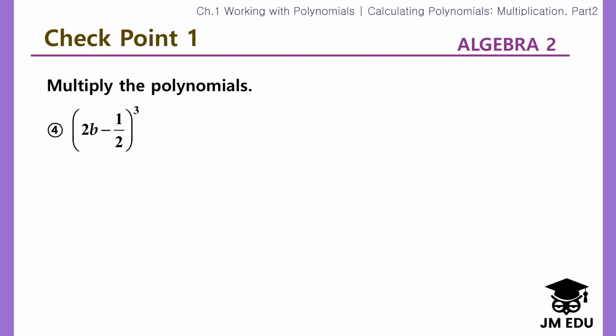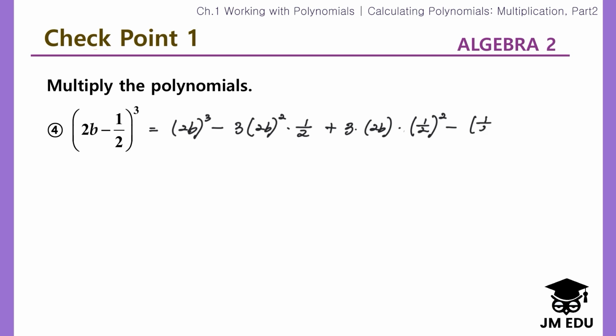Number 4, binomial cube again, but with the minus here. So that's going to be first term cube minus 3 times first term square, second term plus 3 times first term times second term square, minus second term cube.